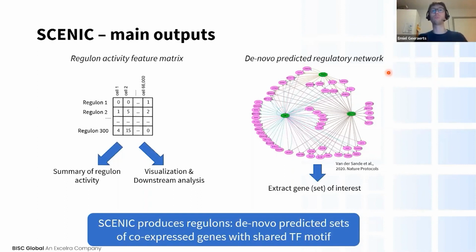So you know that you are working with a very novel network. And it's very interesting to look, for example, for the effector genes and which genes are mediating the phenotype, and are there any interesting targets or modulators within that set. So to summarize, SCENIC produces regulons, de novo predicted sets of co-expressed genes with a shared transcription factor.